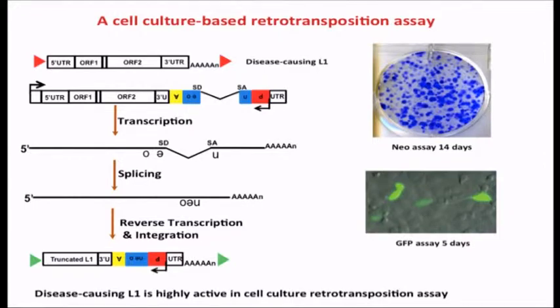Now, more recently, it's been possible to switch out this neo gene, put in a GFP gene, and do the assay quicker with GFP. And it turns out that disease-causing L1s are really highly active in this cell culture retrotransposition assay.